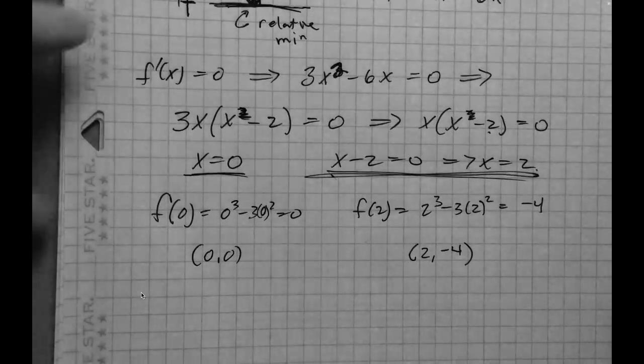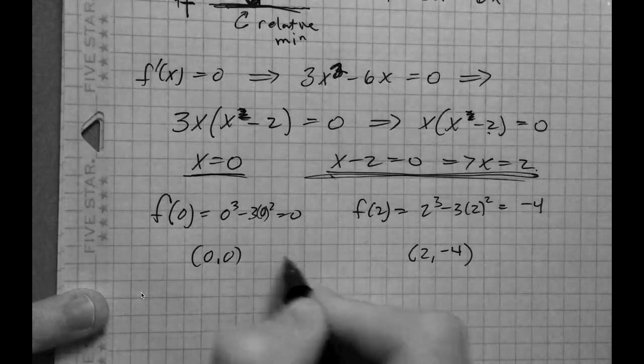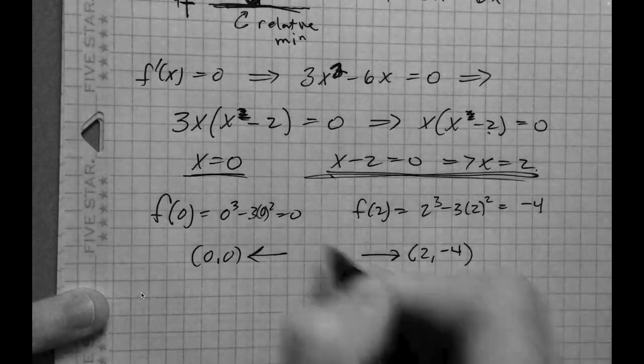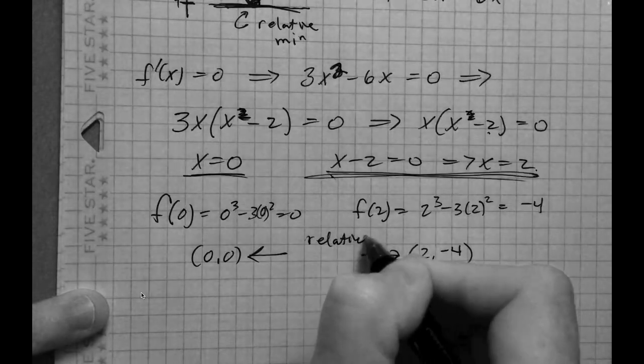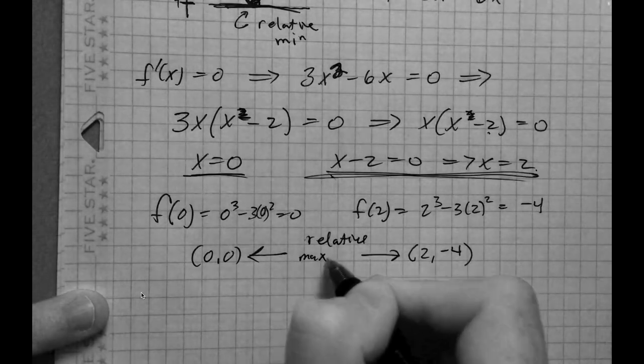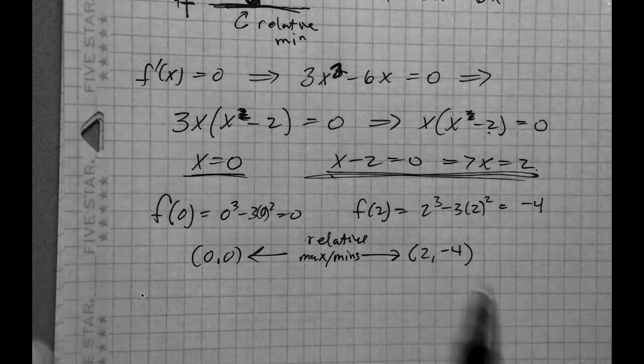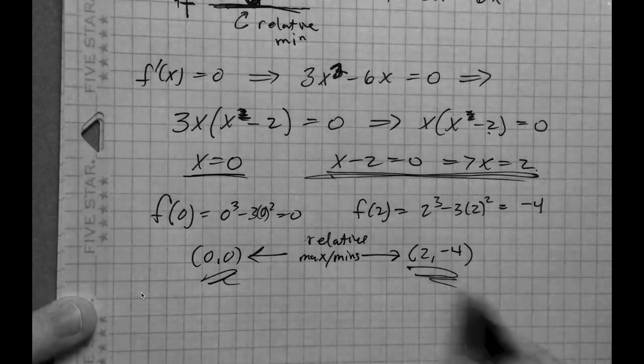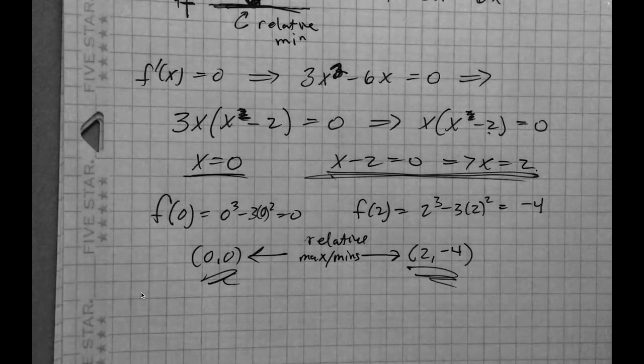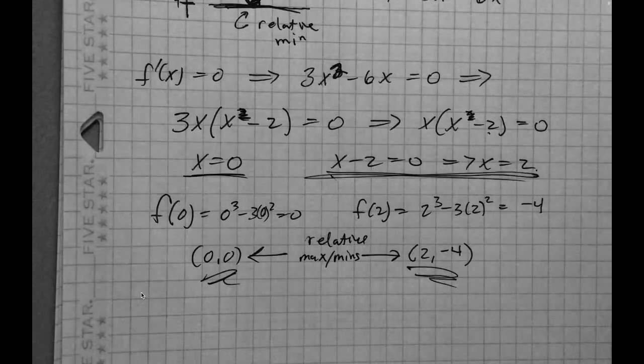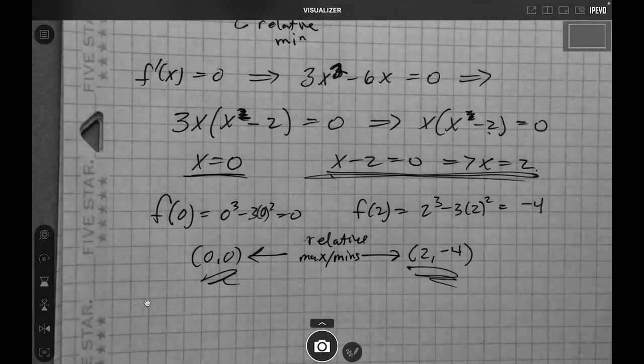Okay, so those 2 points, these are relative max-mins. Right, so we know, of course, that this is the relative max and this is the relative min. But then the question of how would you determine which one it is, we'll get to that in a little bit later. So there we go.